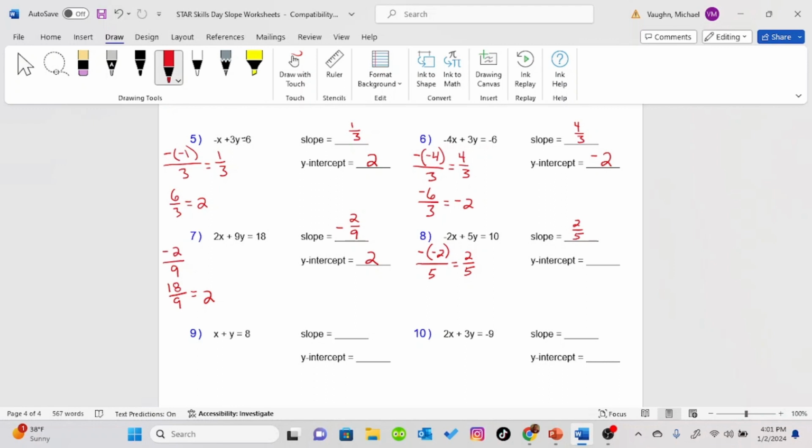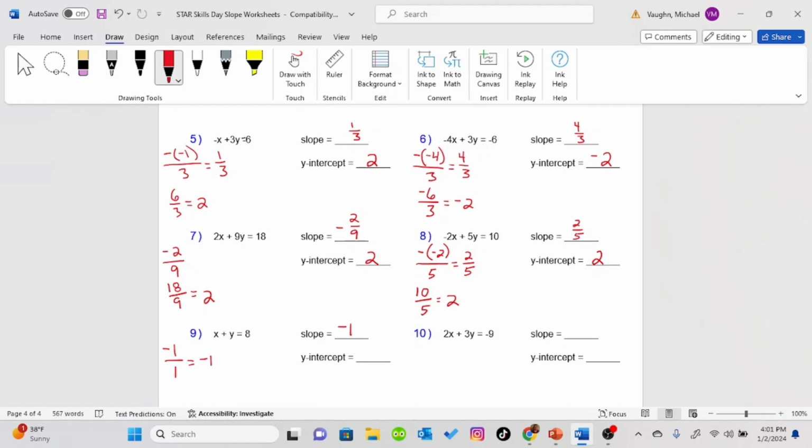My y-intercept is c over b. 10 divided by 5 is 2, so my y-intercept is 2. And number 9, my slope is negative a over b. Negative 1 divided by 1 is negative 1.